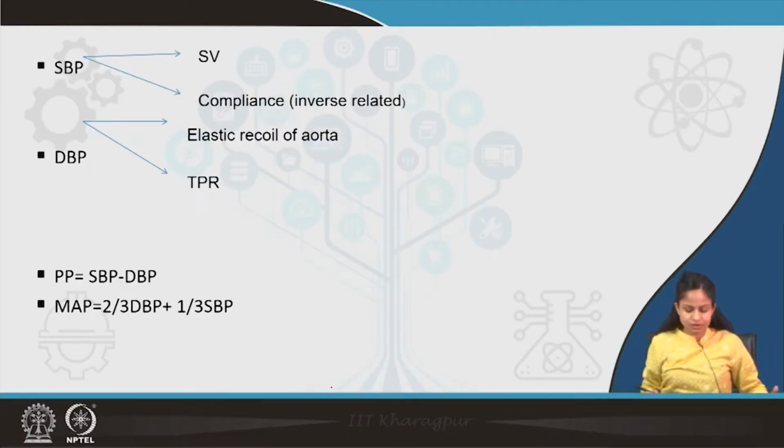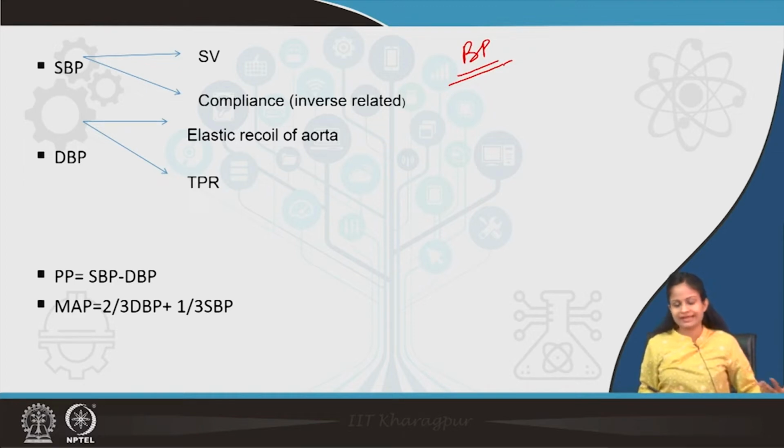Now, when we talk about blood pressure, it is usually defined as the lateral pressure which is exerted by the column of blood on the vessel wall. So, this lateral blood pressure has various entities like systolic blood pressure, the maximum pressure at the systole, which is liable to fluctuations.